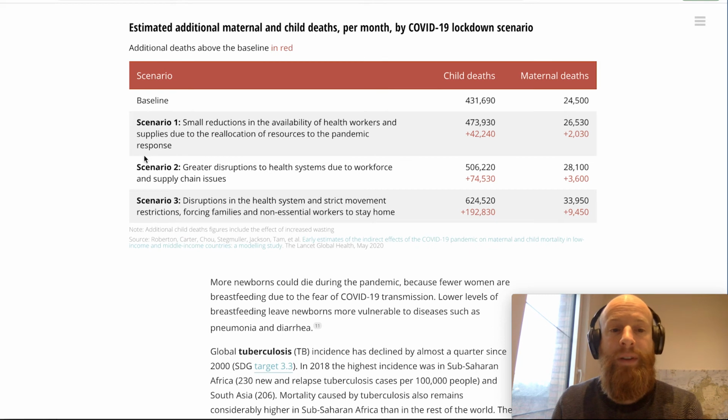You can see here three scenarios, and for each scenario, we added the number of additional deaths that would occur if this scenario would be reality. COVID-19 also has impact on child deaths, even if those are non-COVID related deaths. It's impacting the health system, and as a consequence, it will also affect health outcomes.